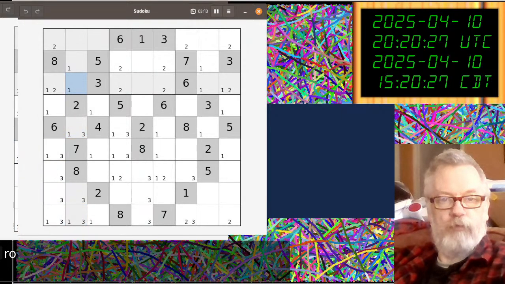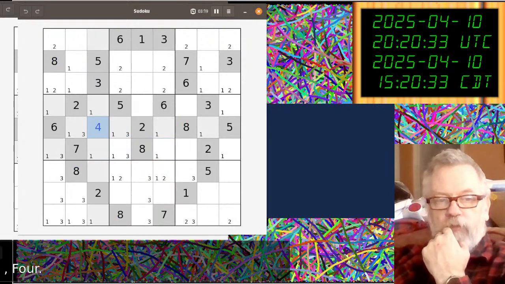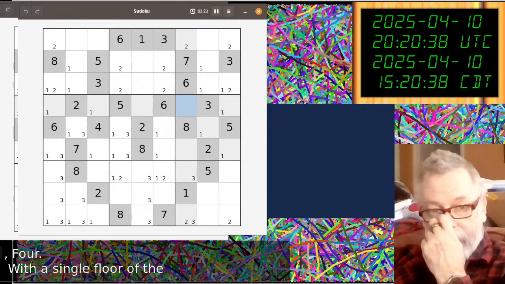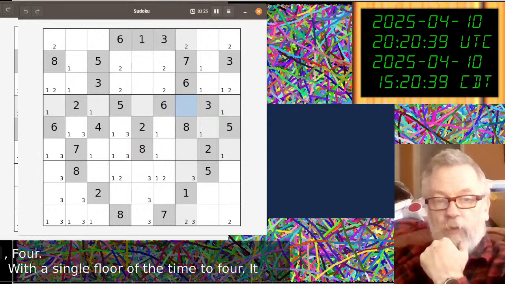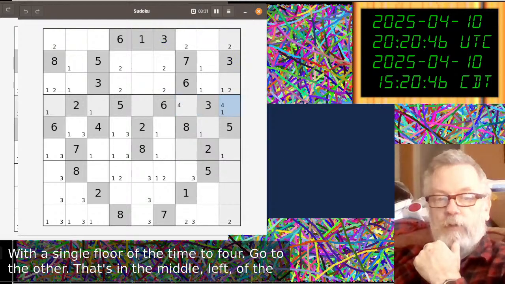Okay, 4s. With the single 4 that's on the board, we'll go to the other, that's in the middle left square. The middle right square, we're going to go with 4 possibilities for now.